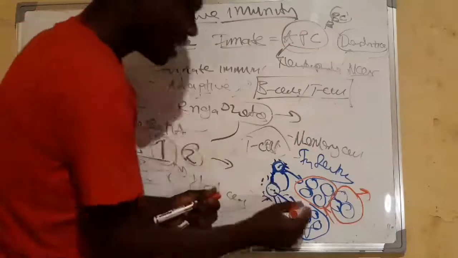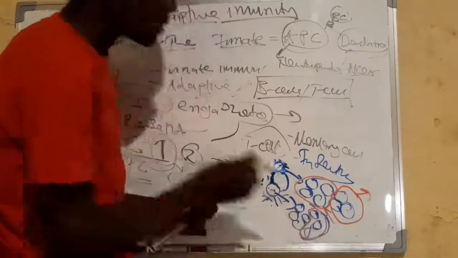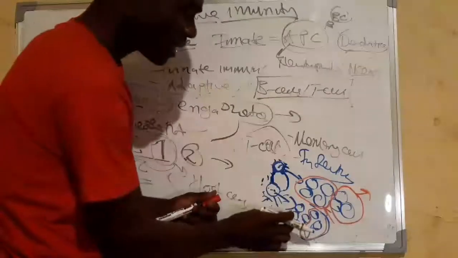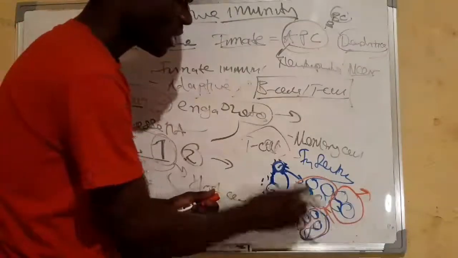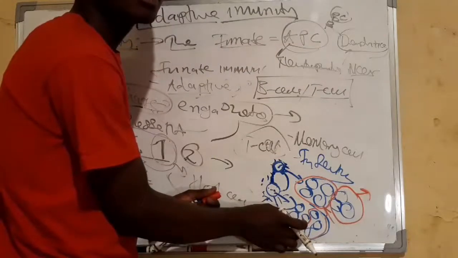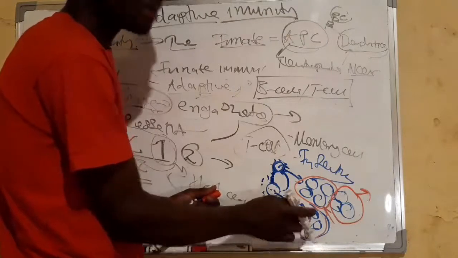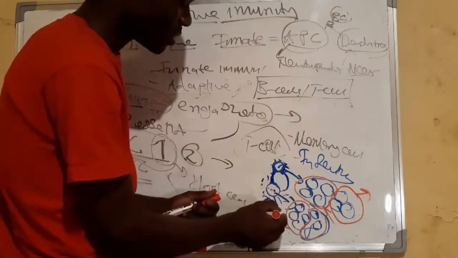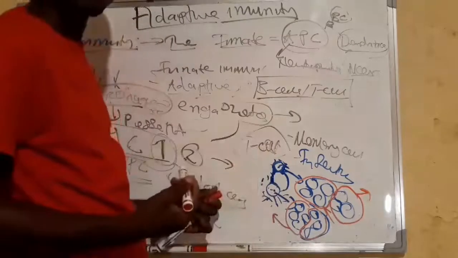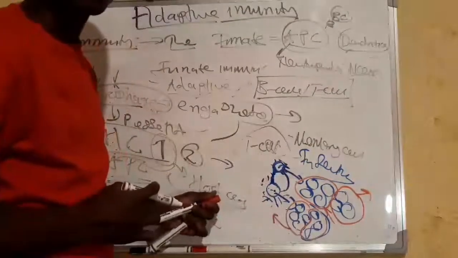Also for this one, it can remain as effector, and this one as memory cells. This one can be stored, not used there and then, but remain as memory cells so that it can be used another time. But this one can work there and then.